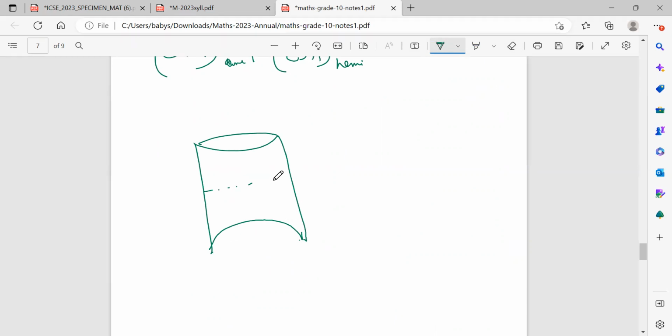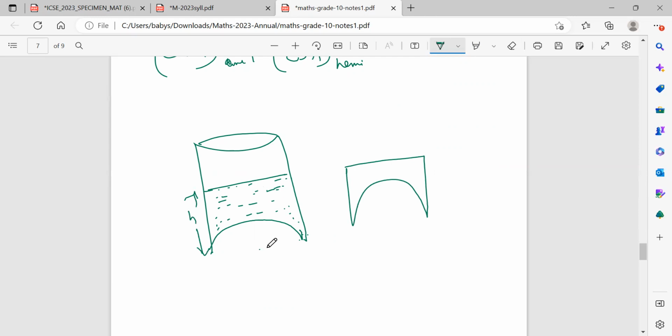And if you're going to fill it with some water up to some level, if not the whole thing, it will be like this. See, you can see here water will occupy all of this, and here it's empty. The water will take only this shape. So you can have problems where they'll ask you the level of the water, the radius of this base. The base is not flat.